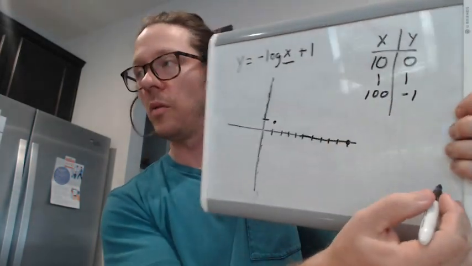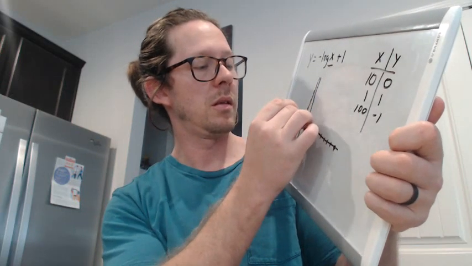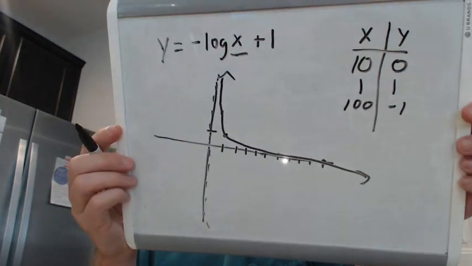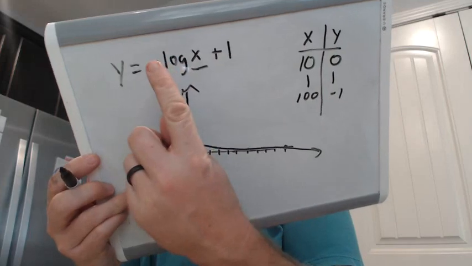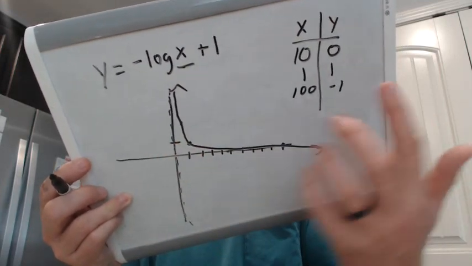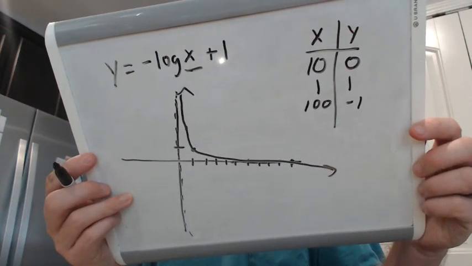Then 100, negative 1 would be like way over here. But what you'll notice is, see how it kind of got flipped upside down, right? The negative flips it upside down and then it got shifted up 1, right? So you have this graph, you still have the asymptote. I mean, you could plug in whatever. But yeah, that's kind of what the graph looks like.